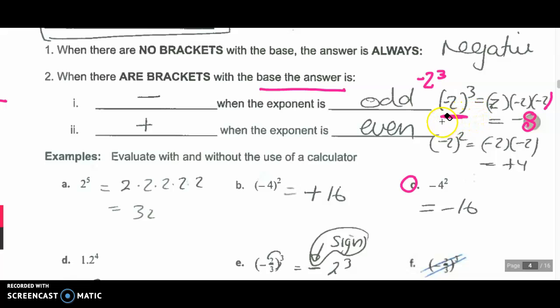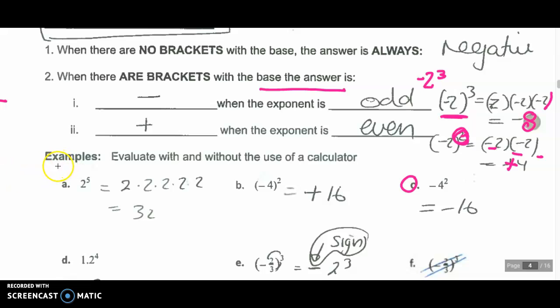Because a minus times a minus times a minus, there's 3 negatives, that's a negative. If you multiply by another negative, you get a positive. So if the exponent is even, then you'll have a positive final answer. If the exponent is odd, then you're multiplying by an odd number of negatives, and that will get you a negative final answer. Okay, so just remember that as you go forward.